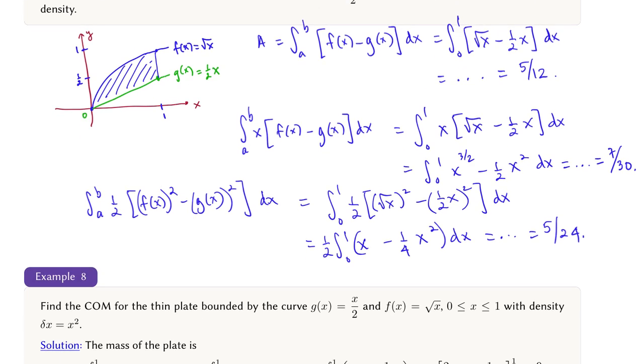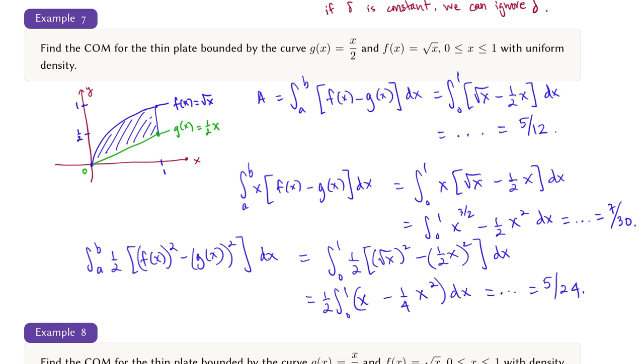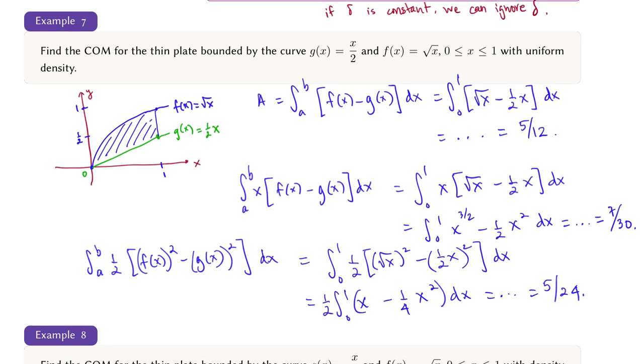And so x bar equals the moment about the y-axis, which is 7/30, divided by the area, which is 5/12. So 7/30 divided by 5/12. Simplifying this, we get 14/25, which is 0.56.